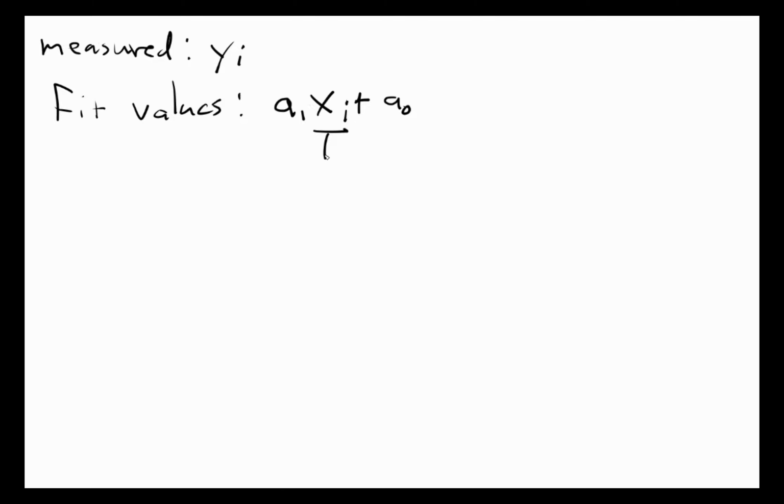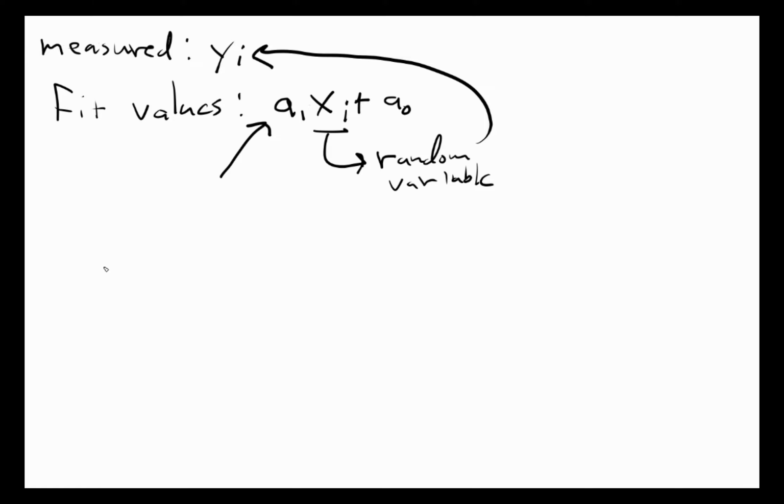These x values, x sub i, are either experimental parameters or measured time points, but they represent data too. x sub i is also another random variable, just like y sub i. So to determine whether these fit values represent the data y sub i well, we can determine an error at each fit value.